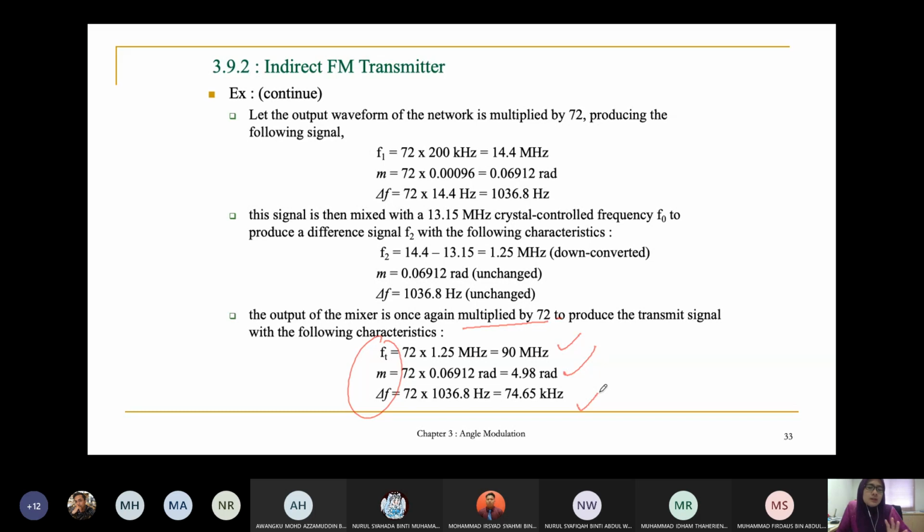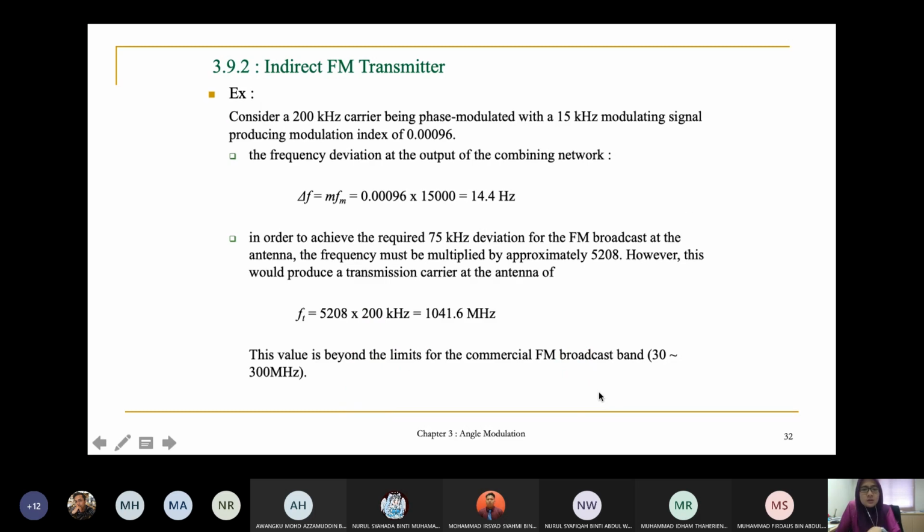So you can see that by combining the process of multiplication and heterodyne, you can actually achieve the requirement where you want the delta F to be 75 kilohertz. Look here. The requirement is that your delta F at the antenna must be 75 kilohertz, and your frequency at the antenna must be within this range.